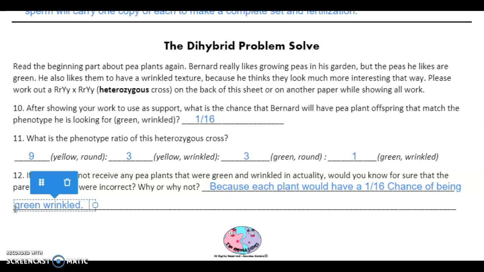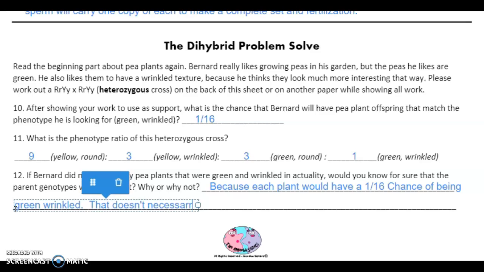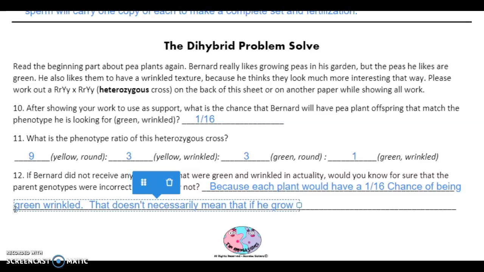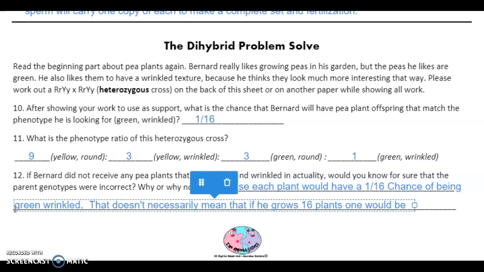That doesn't necessarily mean that 1 in every 16 plants, it doesn't necessarily mean that if he grows 16 plants, one would be green wrinkled.